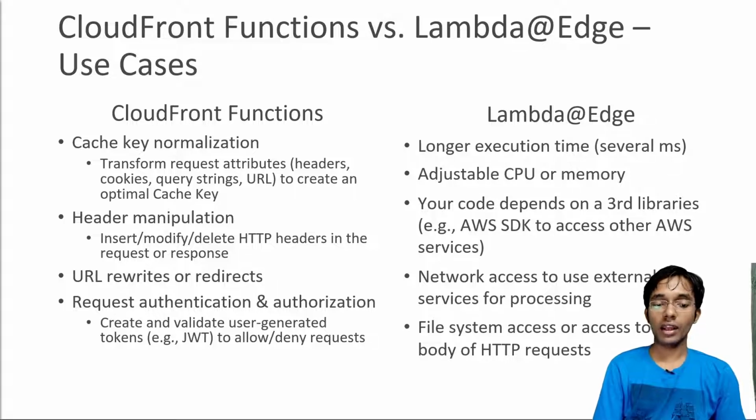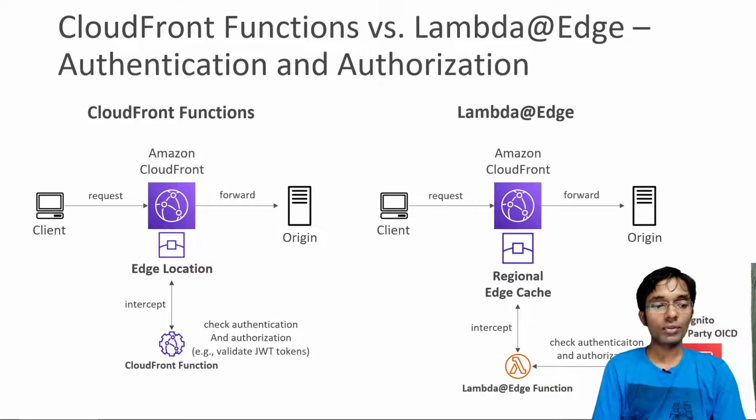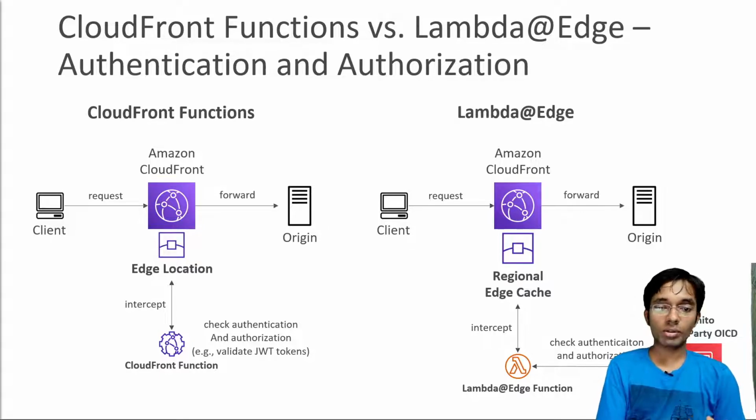So hopefully the use cases are clear and well defined for the CloudFront functions and the Lambda@Edge. Now if you want to do authorization and authentication with CloudFront functions, the idea is that at the edge locations, you would intercept the content and check the JWT token which lives in your headers, and then you can check whether or not it is correct.